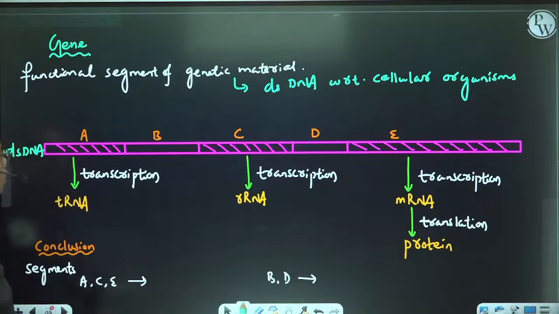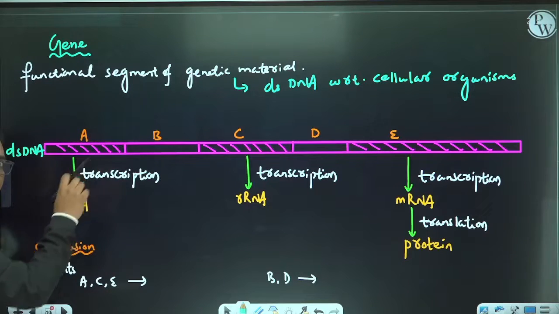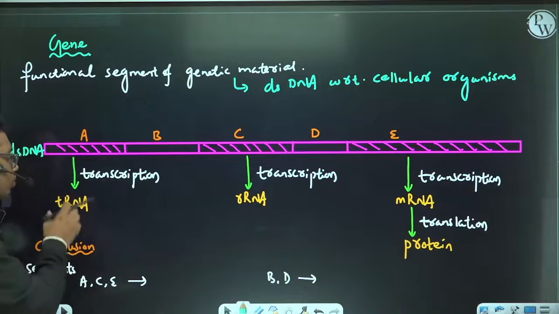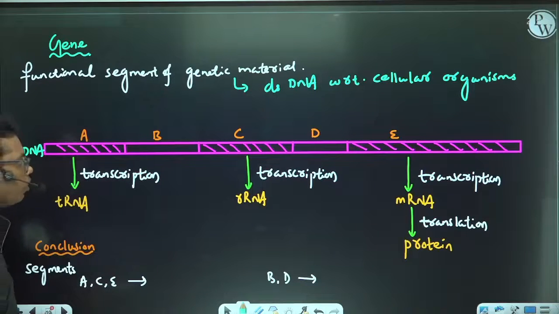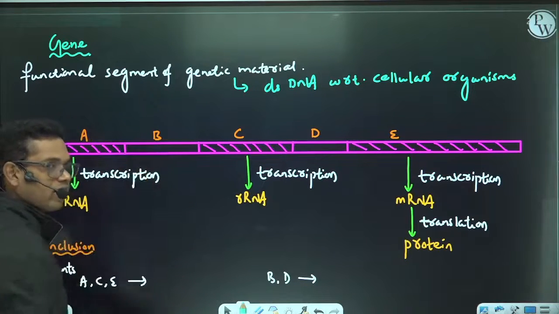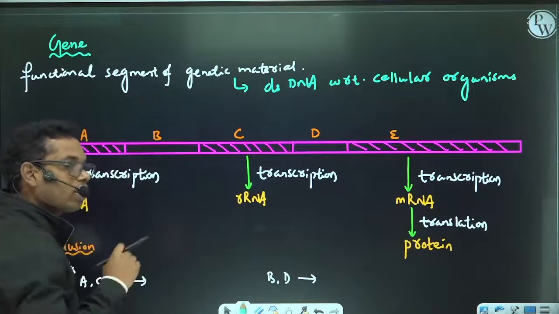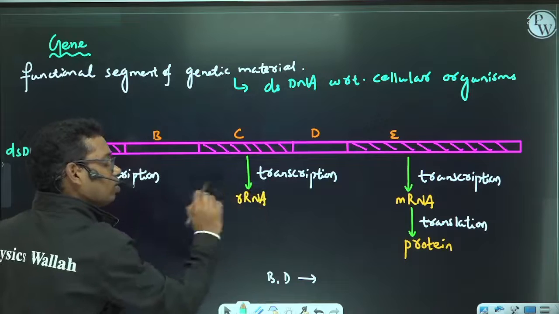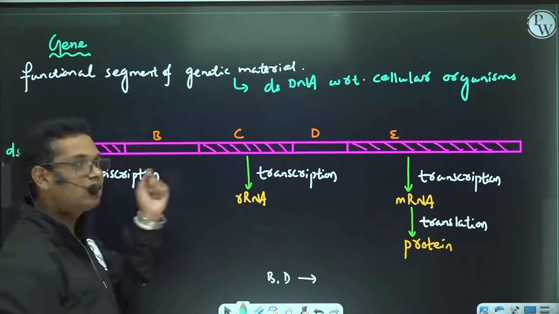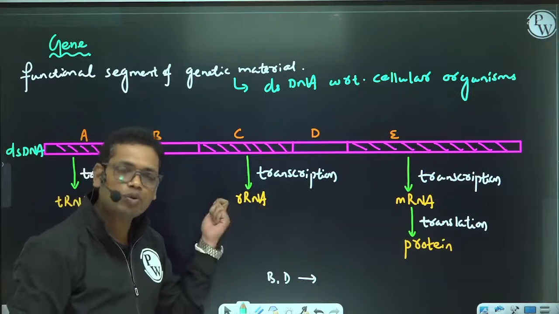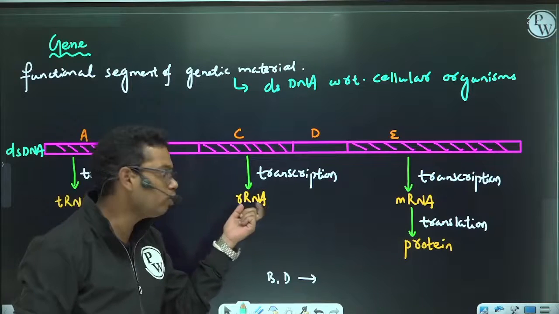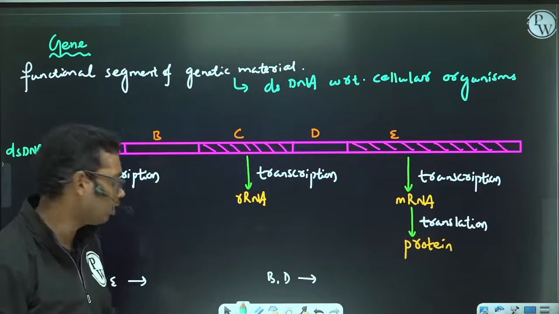So I will say segment A has the function of producing tRNA. Segment B does not have any function. Segment C has the information to produce the rRNA. So it will undergo transcription to produce rRNA. So I will say segment C has the function to produce the rRNA, ribosomal RNA.